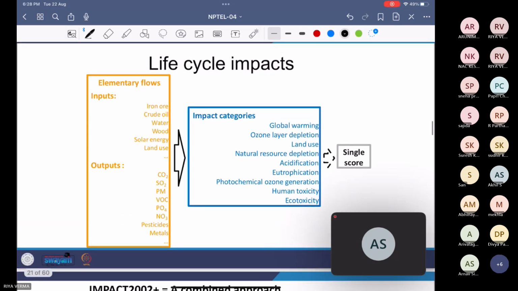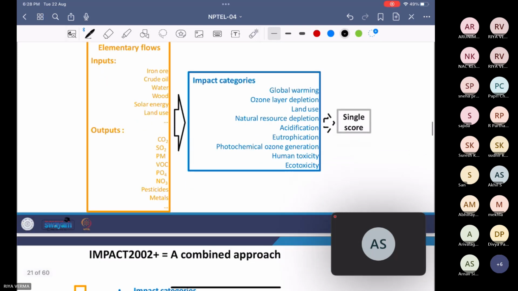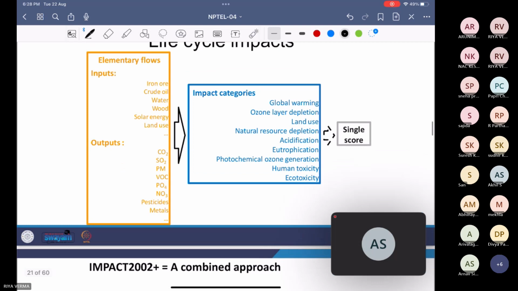Now, coming towards the life cycle impacts. After knowing about these elementary flows, the basic impact categories that we need to consider are, first off, global warming, then ozone layer depletion, land use, natural resource depletion, acidification, eutrophication, photochemical ozone regeneration, human toxicity, and ecotoxicity.